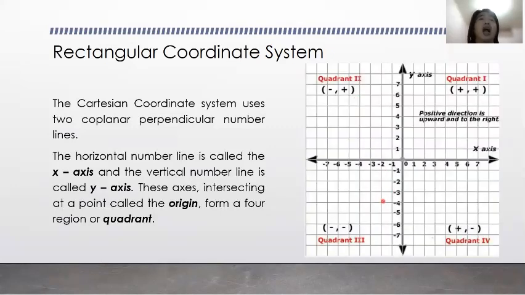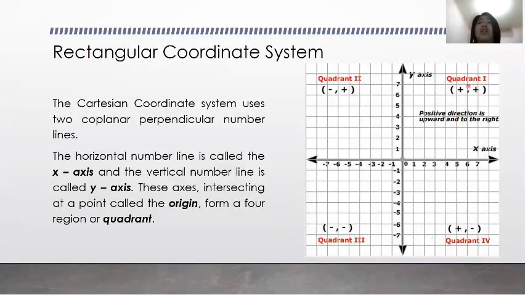So we have here our Cartesian coordinate system, or what we so-called Cartesian plane. This is the y-axis and the x-axis, the horizontal line.